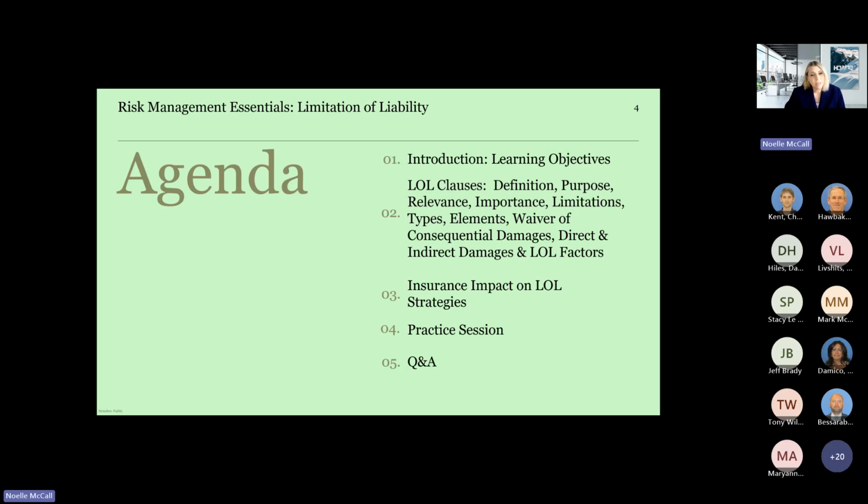We'll round out today's session with a practice session where we will take a very heavily vendor-favored limitation of liability clause, and we will practice de-risking it by making it more of a balanced approach where it's good for both parties, and then look at it where we transfer it into more of a public entity favored clause. And then we'll have a Q&A session, so please bring your questions. I'd love to answer those.